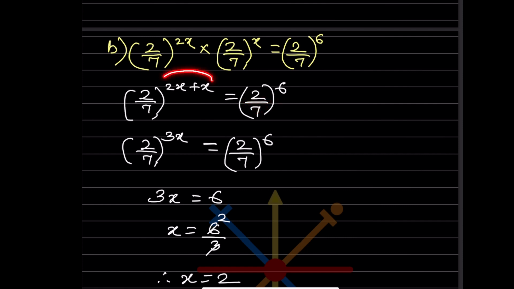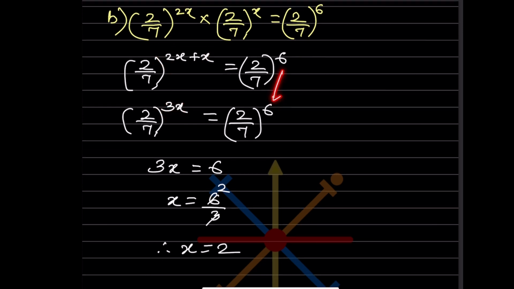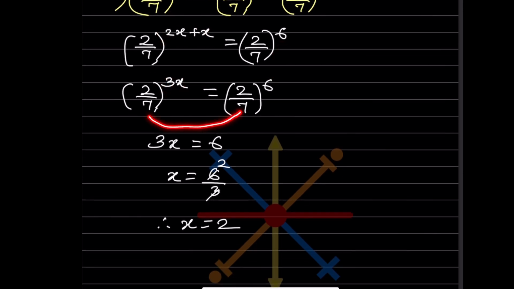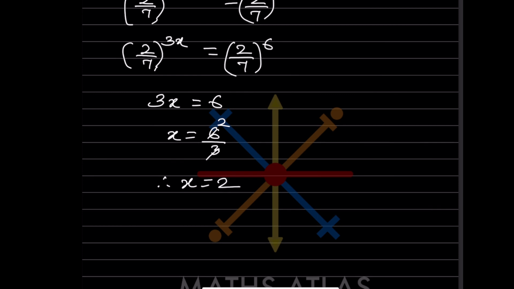So now this will be 3x. Since the bases are the same, the exponents should be the same. So 3x is 6. This x will be 6 divided by 3, because this is multiplication so it gets divided. So the value of x is 2.